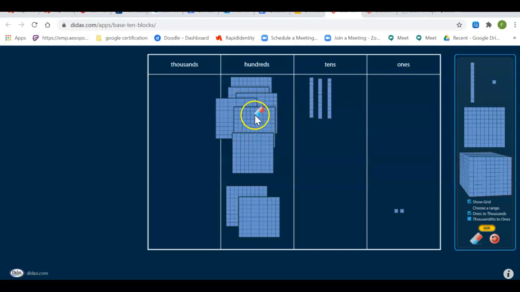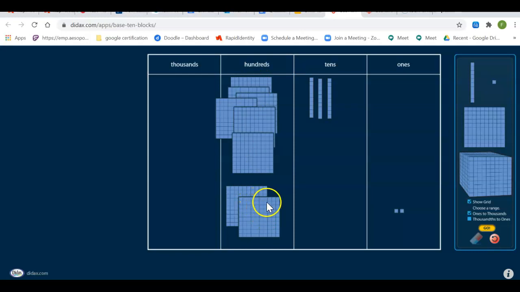Let's go in and count these again because once again, if they add up to be 10, they would have to be regrouped into the thousands place. So let's take a look. I've got 1, 2, 3, 4, 5, 6, 7, 8.